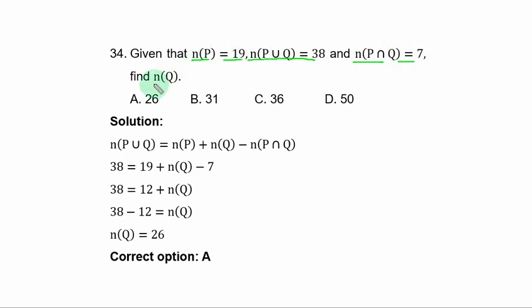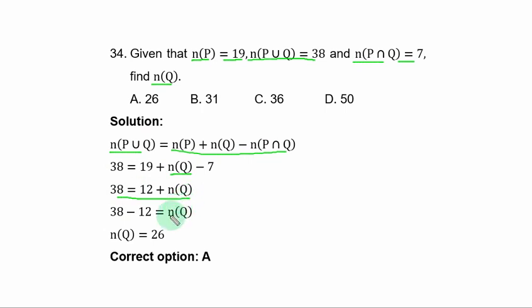Find the number of elements in Q. From set theorem, the number of elements in the union of two sets is expressed in this form. So you replace the various parts with what they stand for, except for this. If you simplify the right hand side, you get this result.